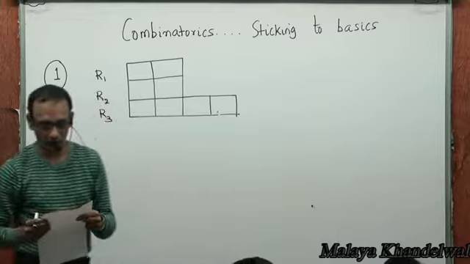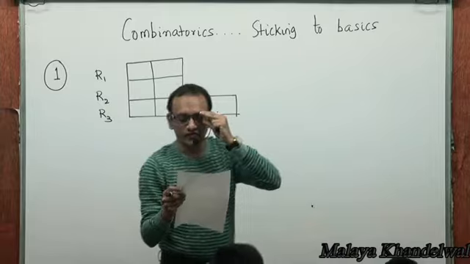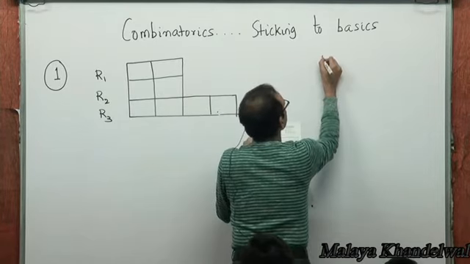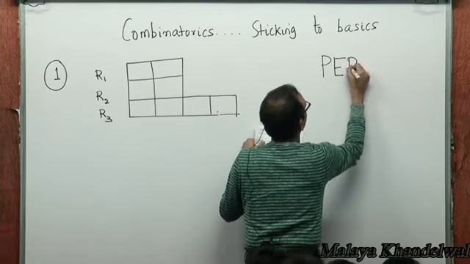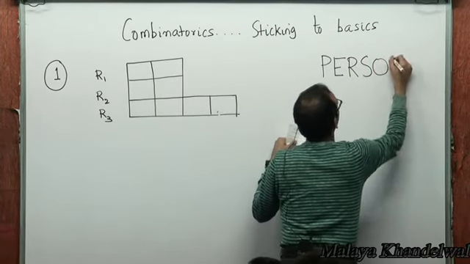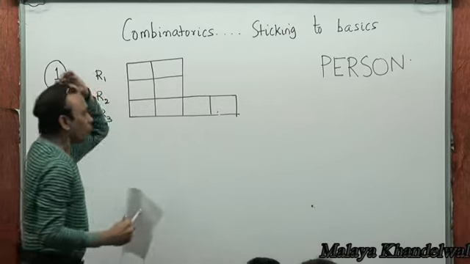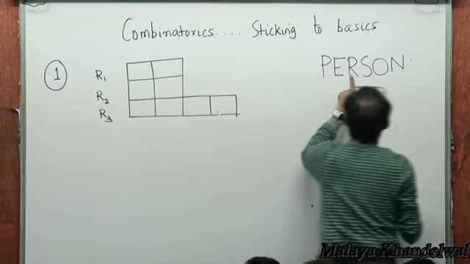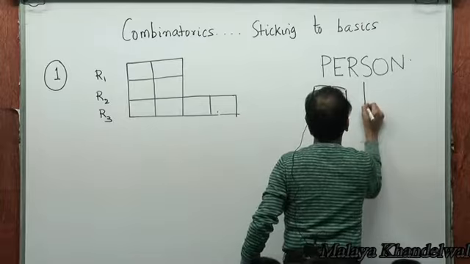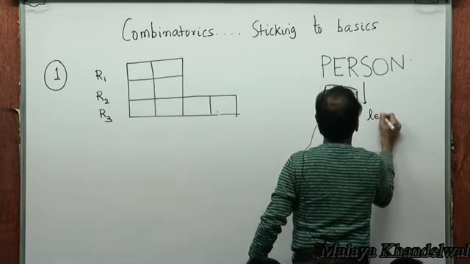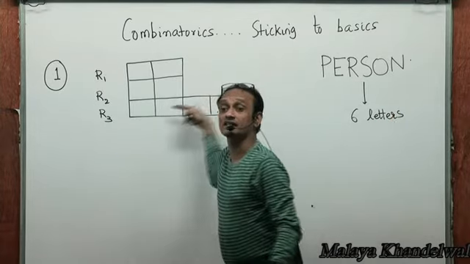Right? Now, what is it that we want to do with the 3 rows? We have a word called person. We want to place these letters, P-E-R-S-O-N, these 6 letters, in 6 cells here.